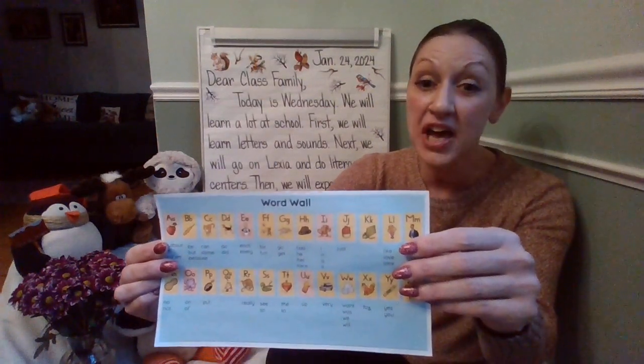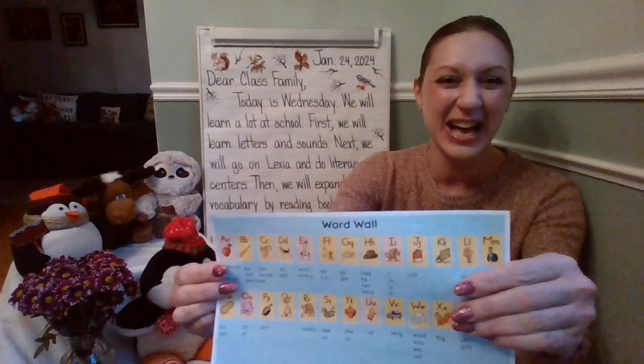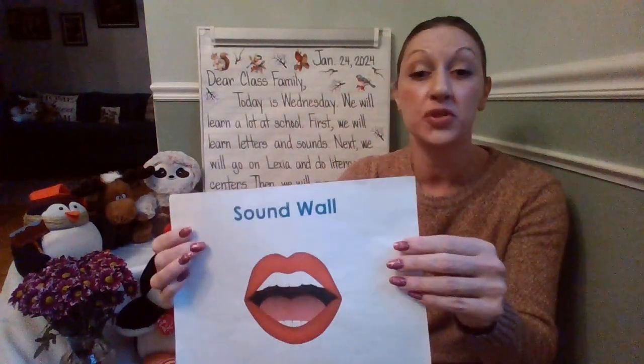On this particular resource, vowels have red in the background. Review vowels with me at this time. A, apple. E, ed. I, itch. O, octopus. U, up.